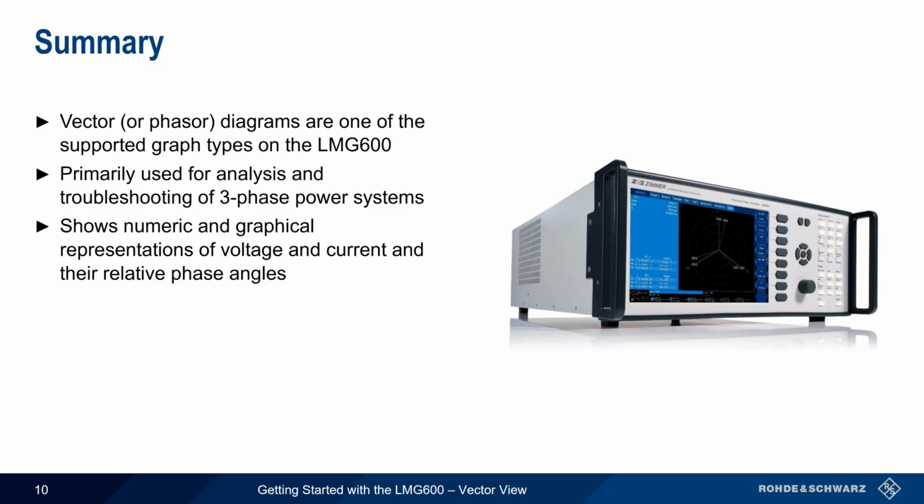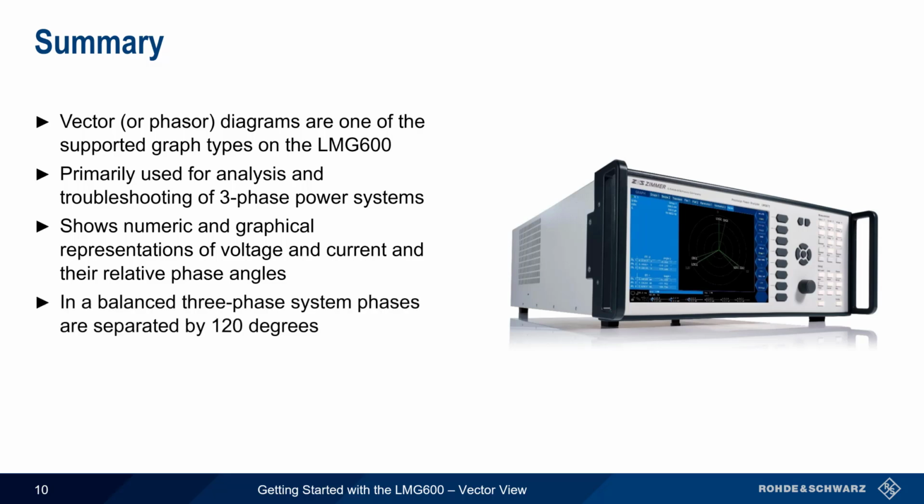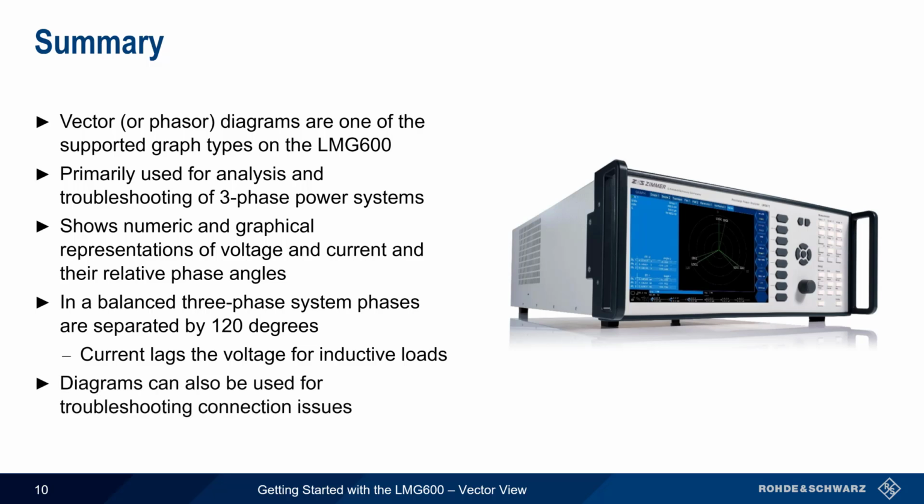In a typical balanced system, the voltage phases are separated by 120 degrees, and the current phases are also separated by 120 degrees, although in the common case of inductive loads, the current will lag the voltage in each phase. One additional application of vector diagrams is troubleshooting connection issues, such as having a current sensor connected backwards.